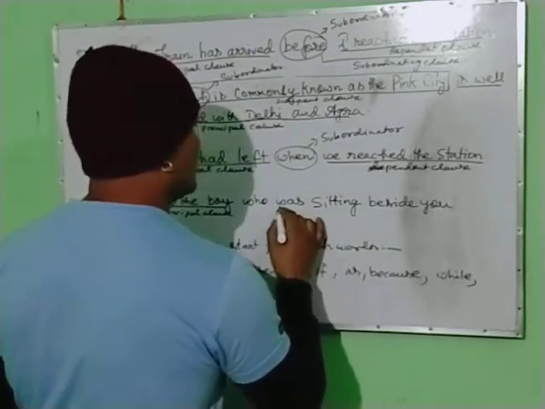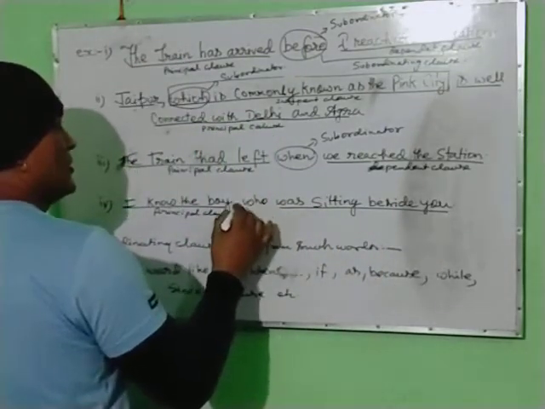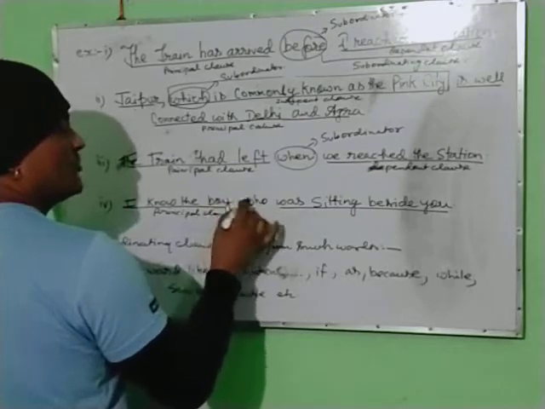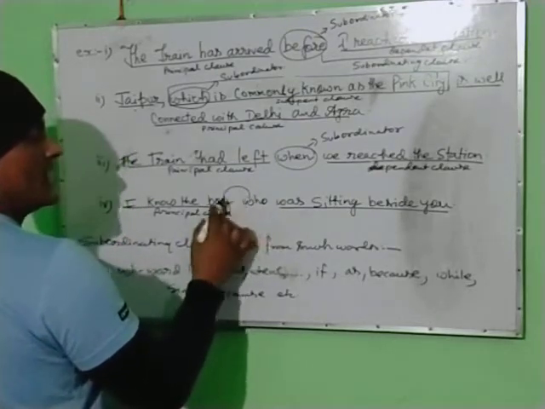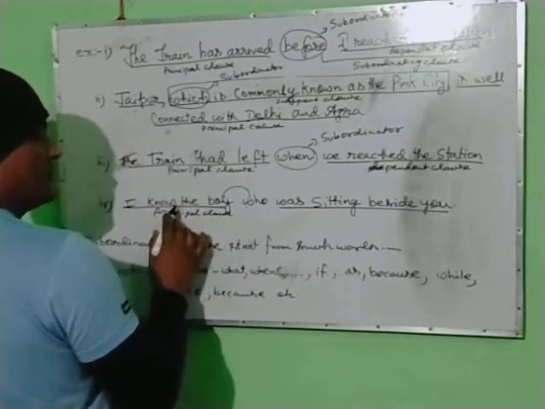Who was sitting beside you. Who is denoting this boy. So we can say that it depends on this principal clause.